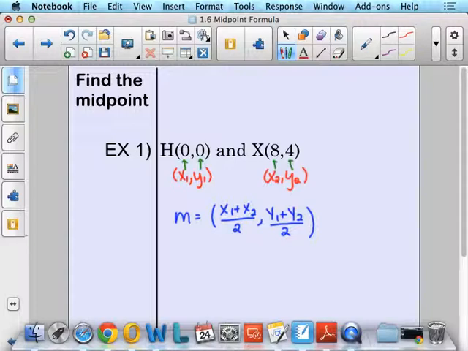Now if I plug in the missing pieces, x1 is equal to 0, x2 is equal to 8, and we're dividing by 2. y1 is equal to 0, y2 is equal to 4, and we're dividing by 2. So 0 plus 8 is 8, divided by 2 is 4. 0 plus 4 is 4, divided by 2 is 2. So the midpoint with those two endpoints would be (4, 2).